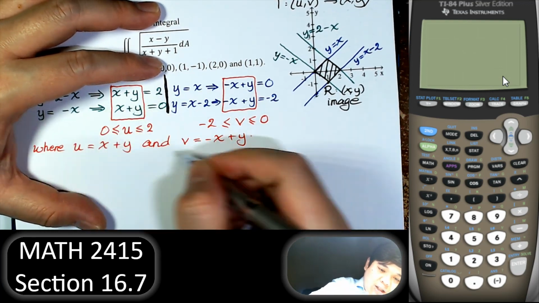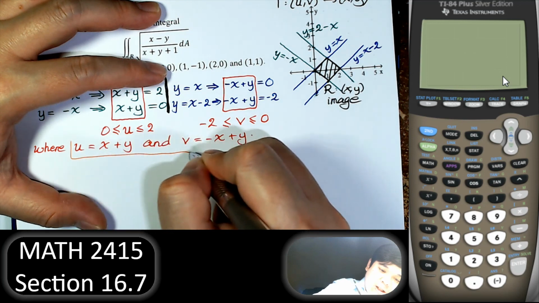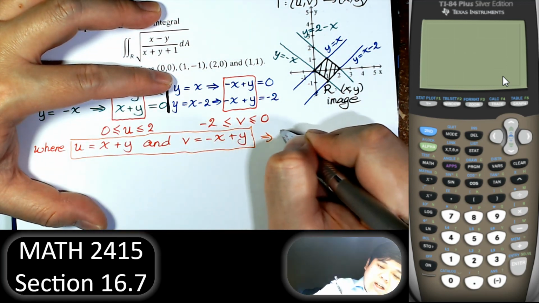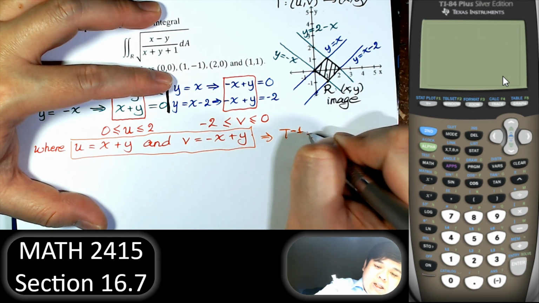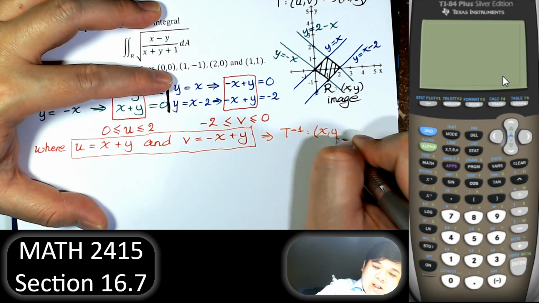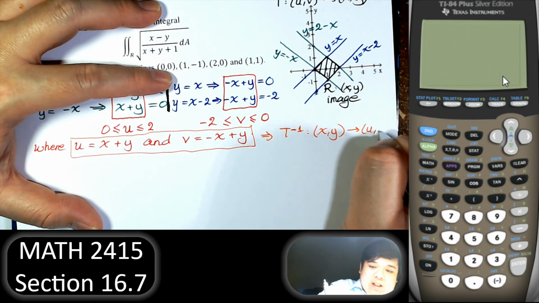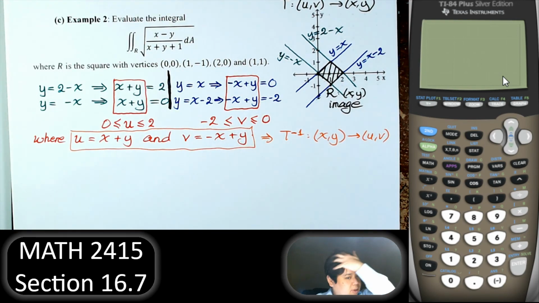So this here is actually the inverse transform that goes from xy. Given xy, we find uv. Which is fine though.